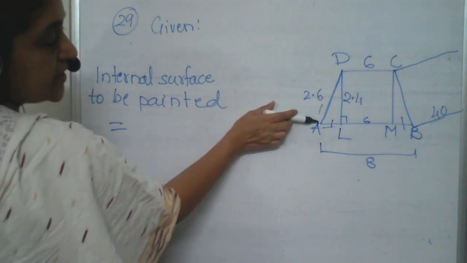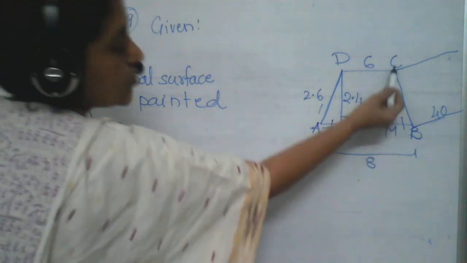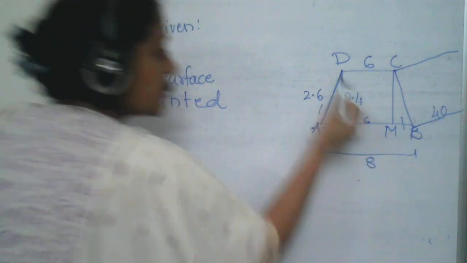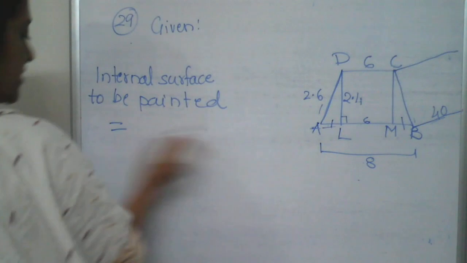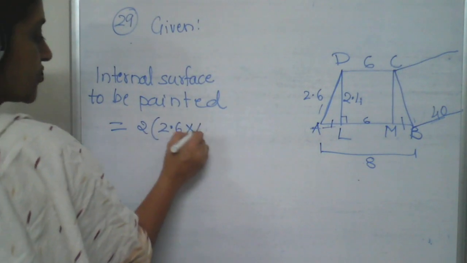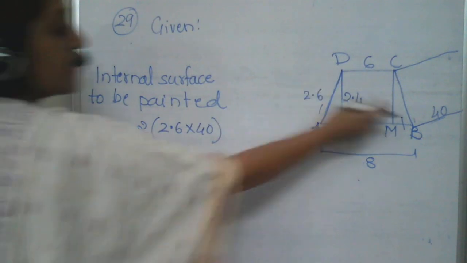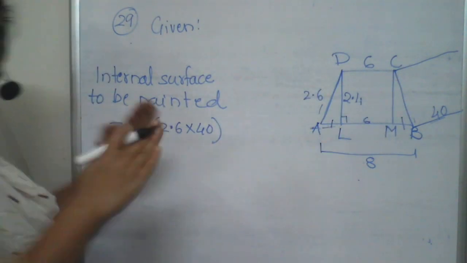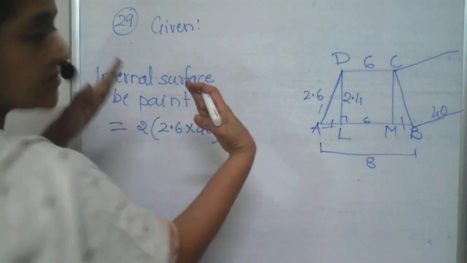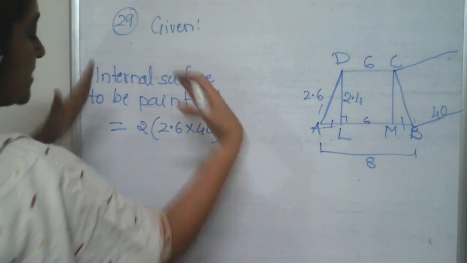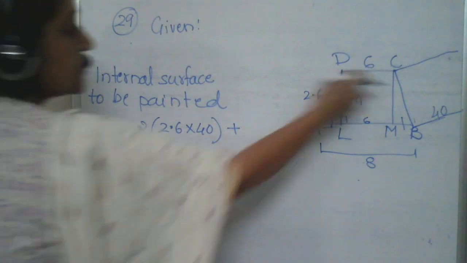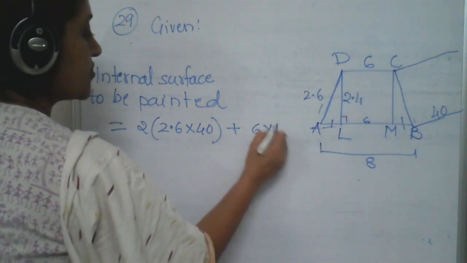Over here also it is same 2.6, and over here also it is same 2.6. So 2.6 into 40, 2.6 into 40. So 2 times 2.6 into 40, this is what the side walls, which are tilted like this. This is a trapezium, then it will look like this. These two sides we have, plus the top. The top is what? 6 into 40.